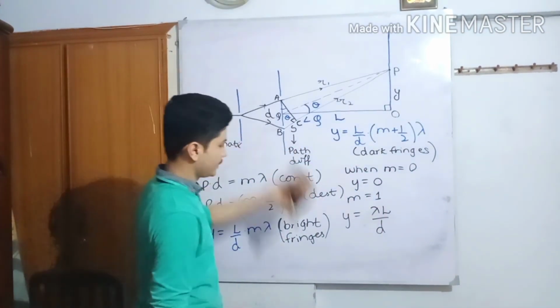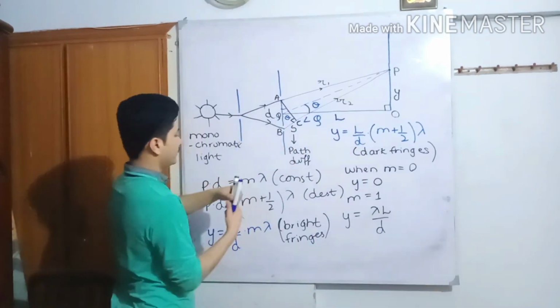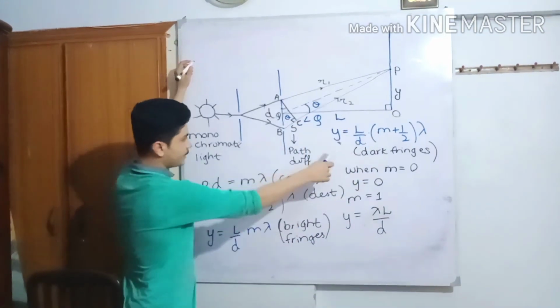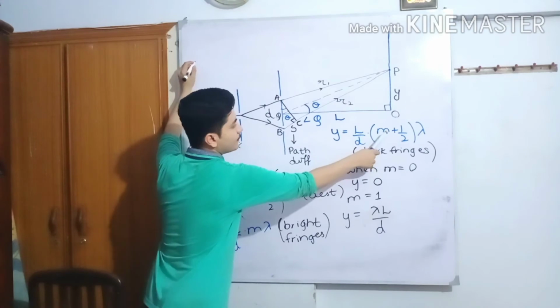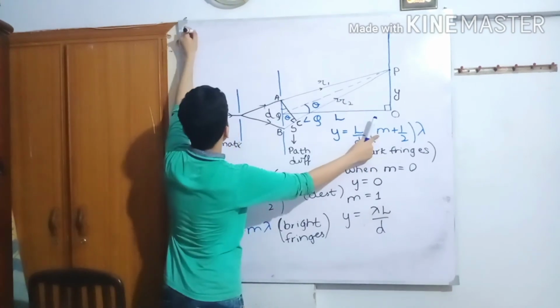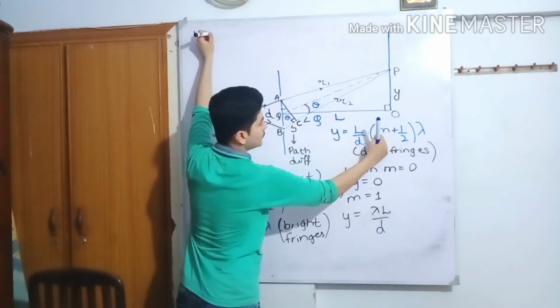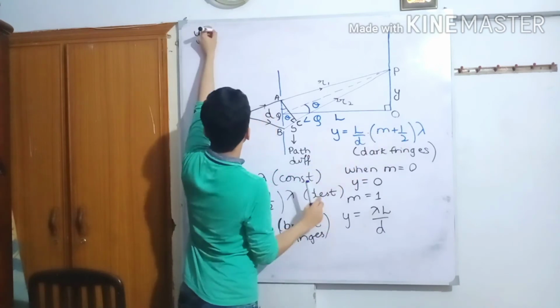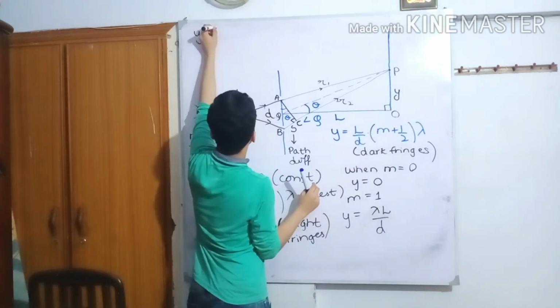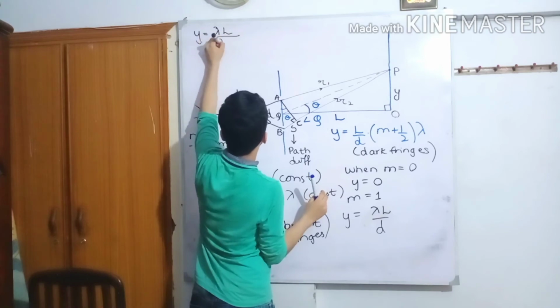Now let's try another. For dark fringes, when m equals 0, if you put 0 instead of m, then what will happen? y equals 0 plus half, which is half. It will give the equation lambda L divided by 2D.